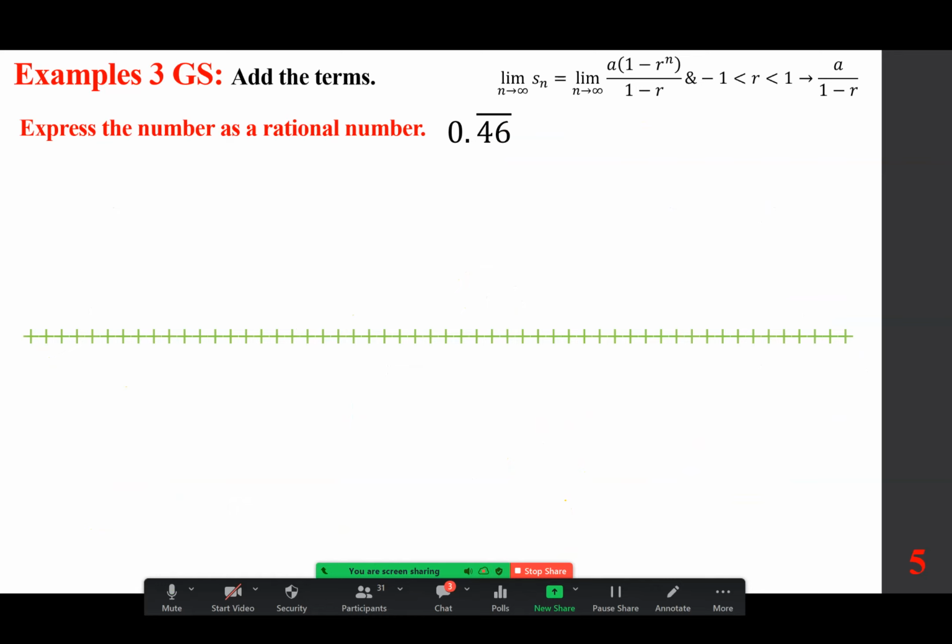We want to express the number 0.46 bar as a rational number in a fractional format. It's a repeating decimal, so 0.46, 4646.